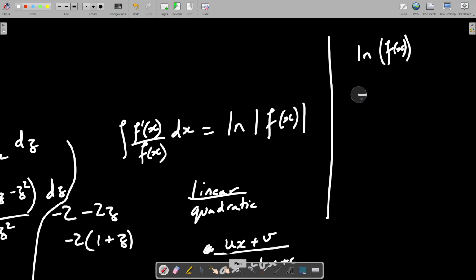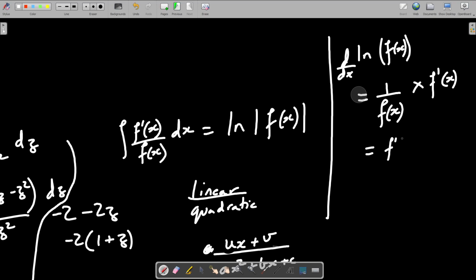So what will it be? 1 over f of x. What should you do next? Take the derivative of the inside term. The inside term is f of x. Take its derivative, that will give you f prime of x. Right? So d by dx of this gives you f prime of x upon f of x. Alright, so what should be the integral of this? This. Okay? That's one way to prove this particular result.